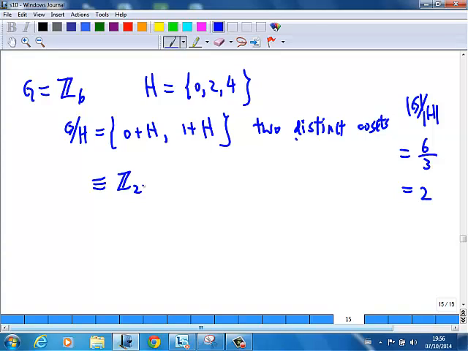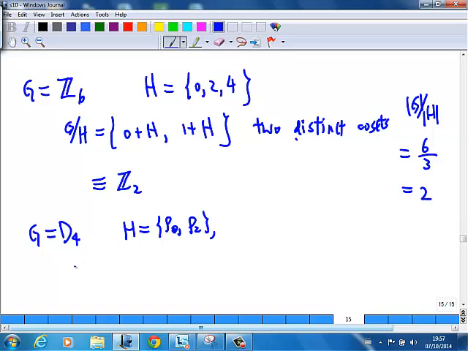Whereas, if I have G equal to D4, the symmetry of a square, where H is {rho 0, rho 2} we have just now. How many distinct cosets are there?